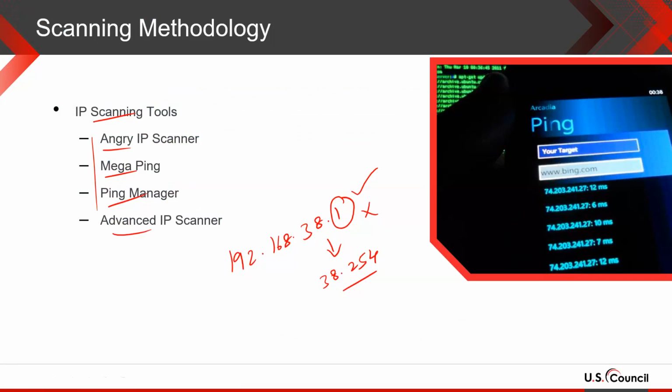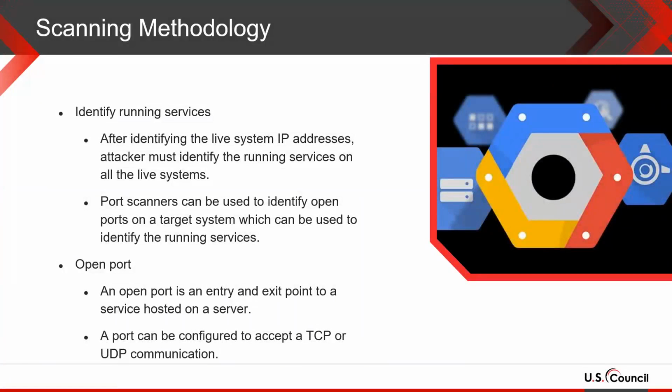Okay, so once a hacker is done with identifying the live addresses in the network, the next step for a hacker is to identify the running services, like what all services are available on these IP addresses.